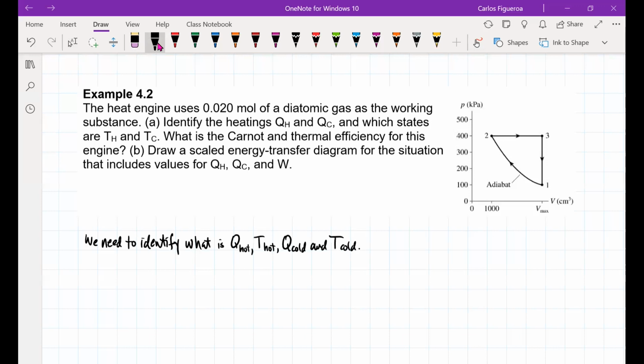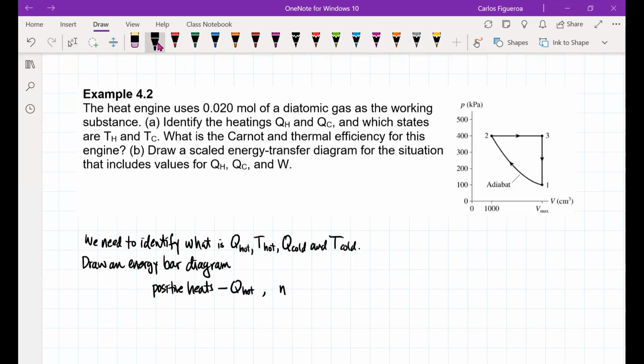So the best way to do this is I'm going to draw an energy bar diagram. And so what that implies here is that if I have positive heats, that means that's coming from the hot reservoir.